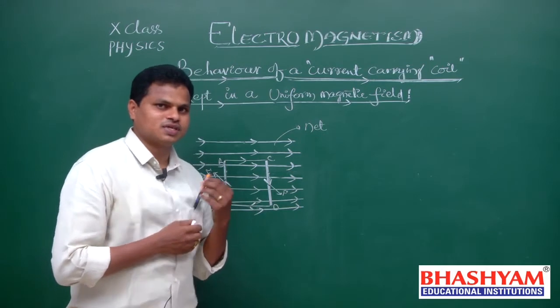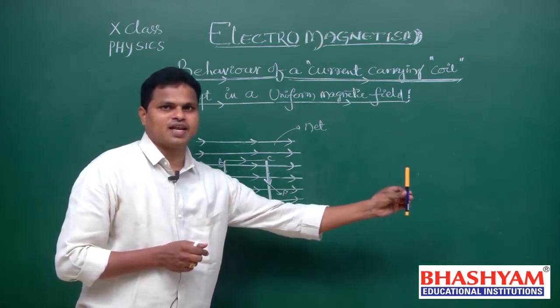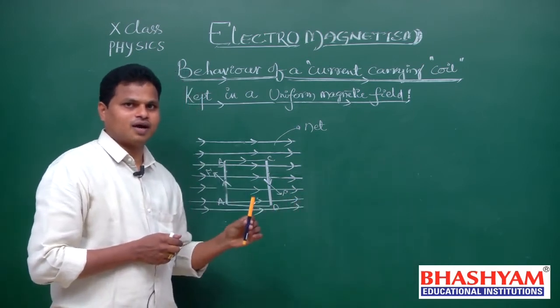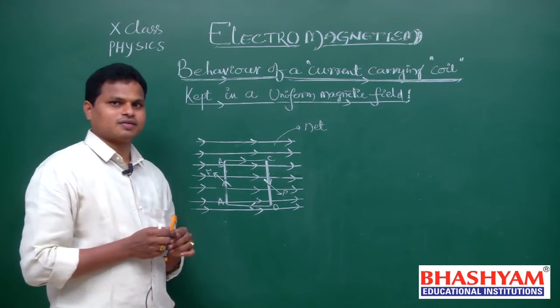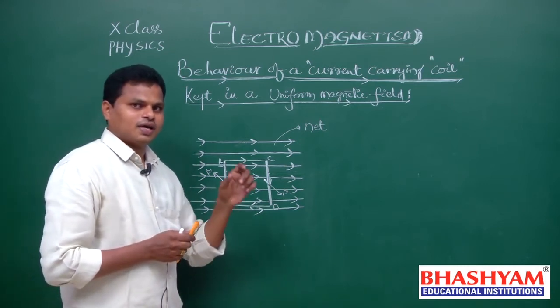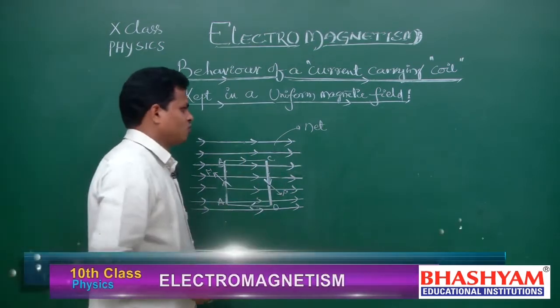Linear motion means the coil moves in one direction, like this, or like this. You can estimate that by using the net force.